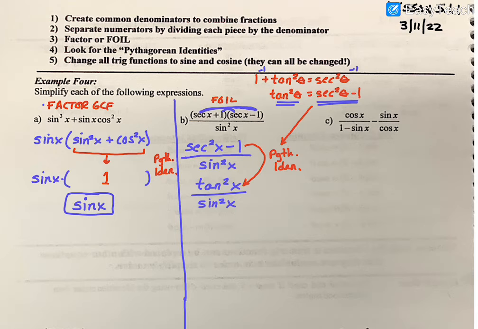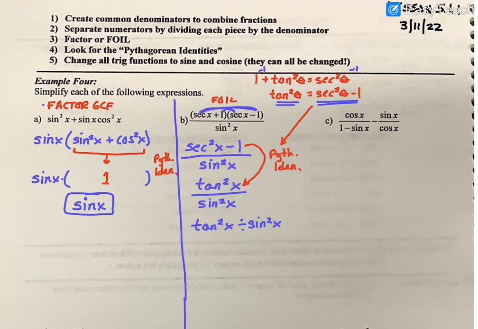However, what about option 5? Change all trig functions to sine and cosine. They can all be changed. Actually, before I do that, let me write this as tangent squared x divided by sine squared x. I think that's a little more visual.